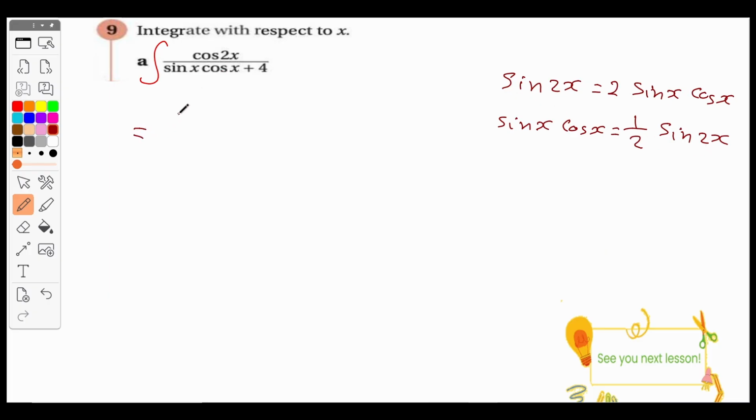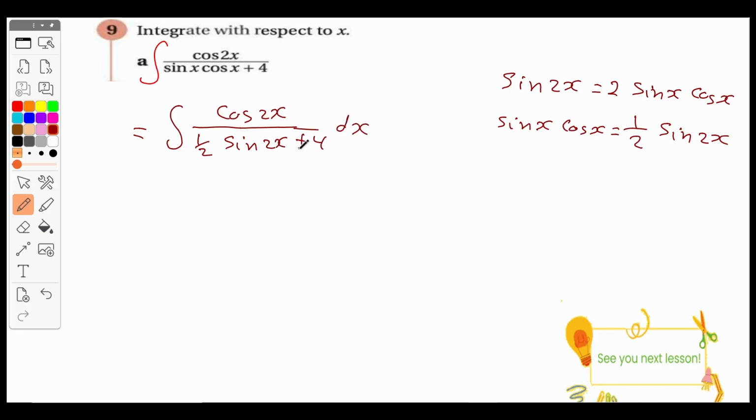So this one will be the integral of cosine 2x as it is in the top, and down, instead of sine x cosine x, we can write half sine 2x plus 4 dx.